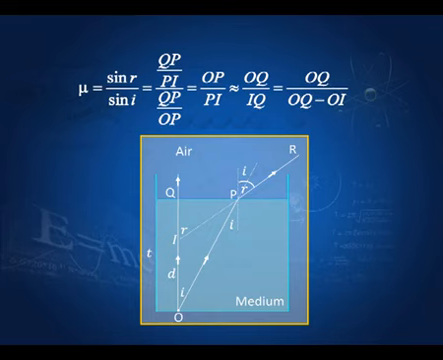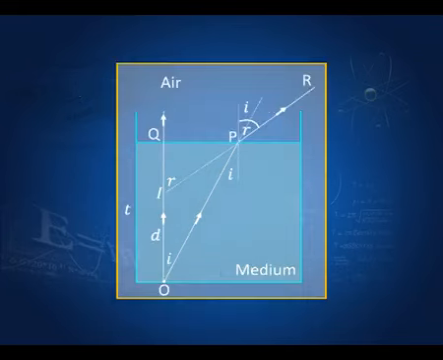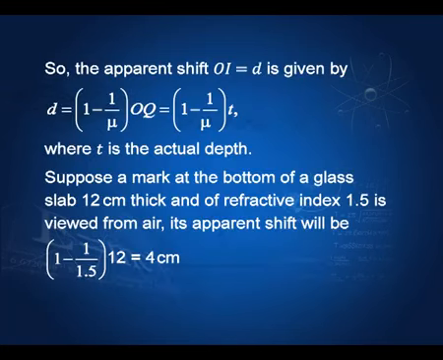So I do that, and then I can write the distance d by which the object seems to have been deviated, and T is the total thickness. So I can use this relation and write d equal to 1 minus 1 by mu times T. That is, if mu is, let us say, 3 by 2, and if T is 12, then d is 4 centimeters.